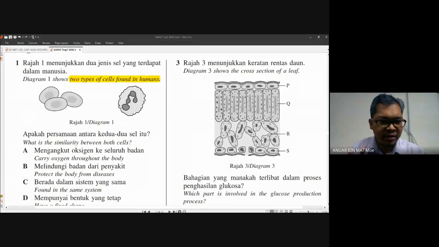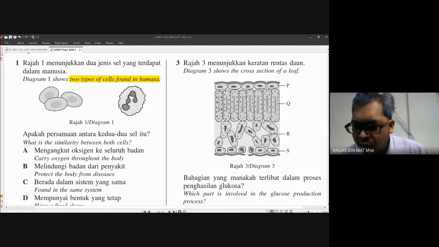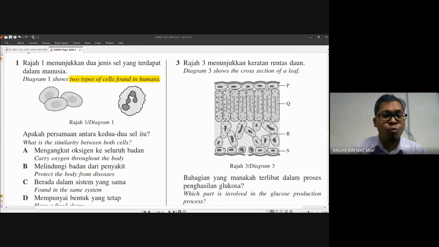Next one. Anybody? White blood cells. Pei Wen, yes, very good. White blood cell. Number 4, anybody? Yes. There are many, actually there are many types of cell, yeah. But in your syllabus, you just remember a few.